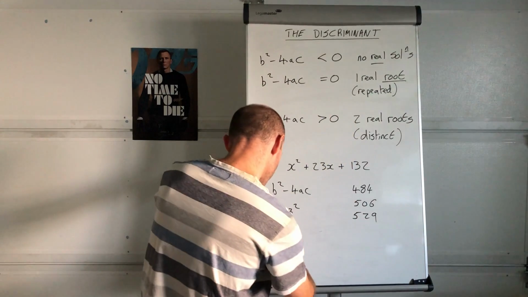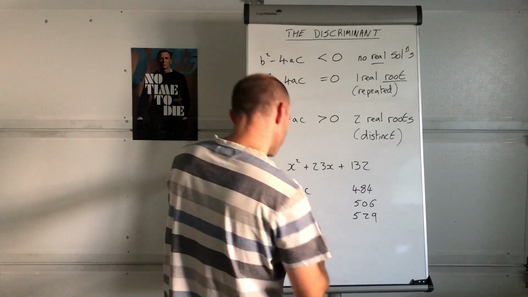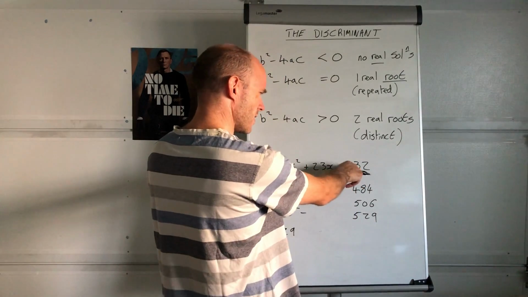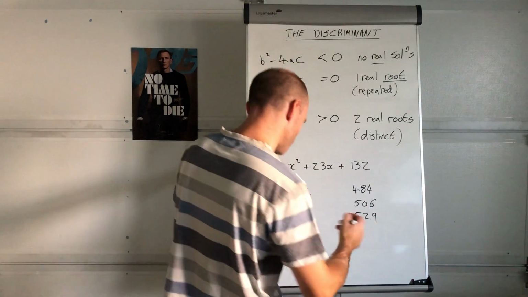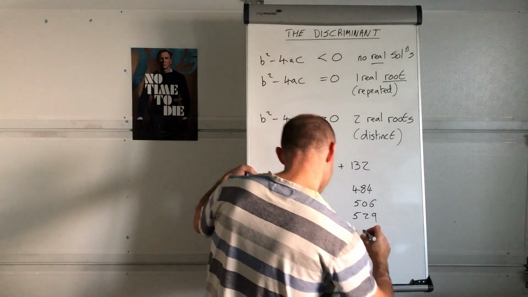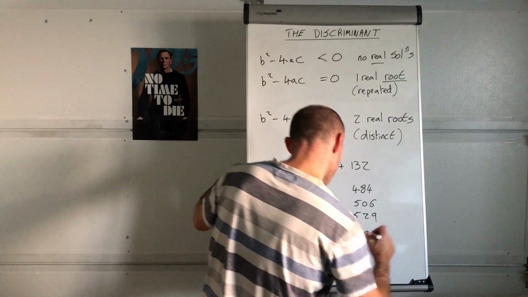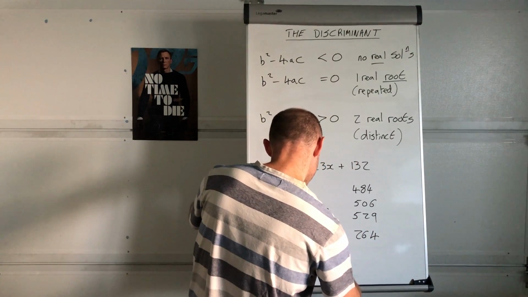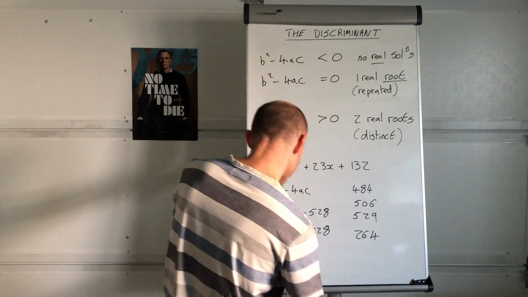Subtract 4 times a times c, so 4 times 1 times 132. 132, 264, and then 528. Well, that's simple. It just turns out to be 1.